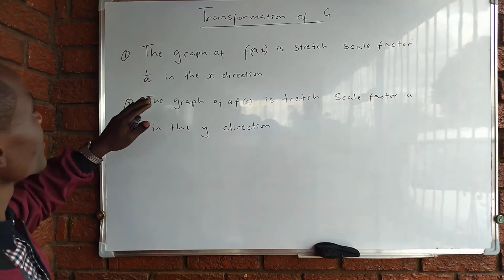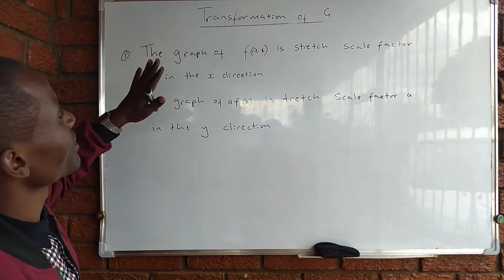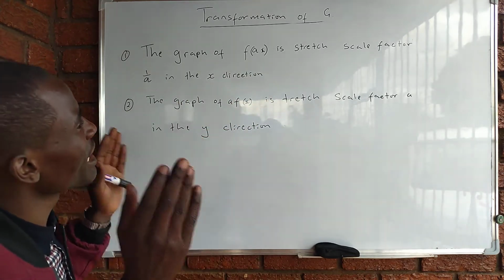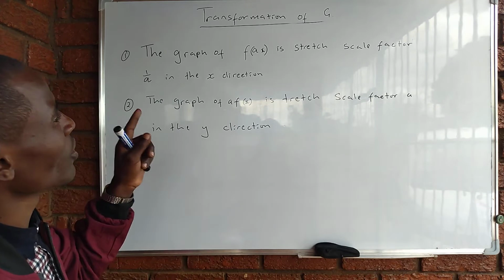Then if it is 2x, we are multiplying each and every x coordinate by 1 over 2, right?